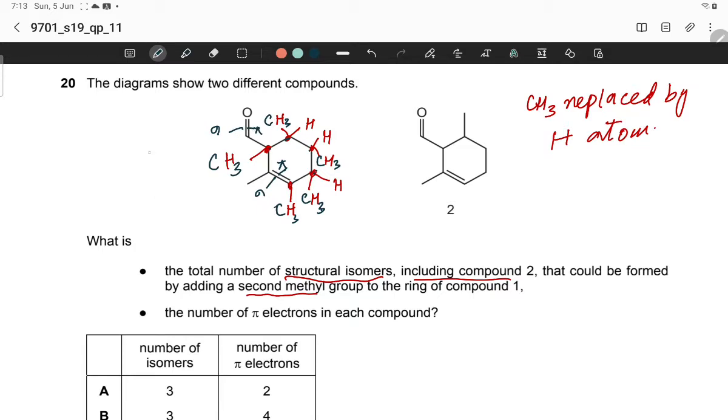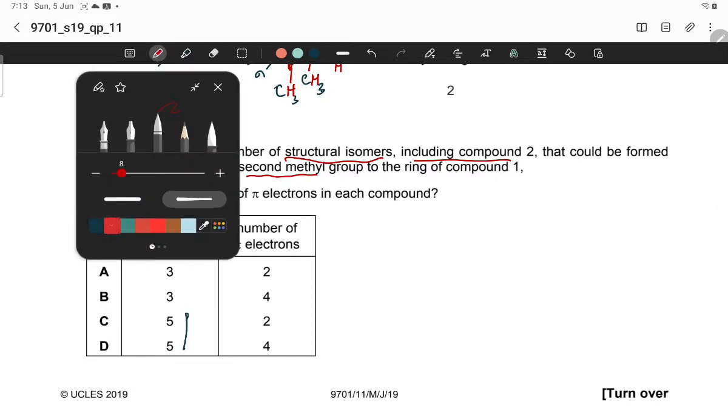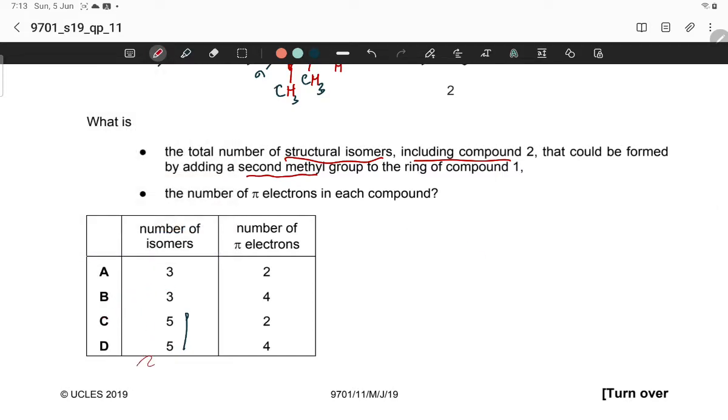So if 2 pi bonds are there, the total 4 pi electrons are there in this structure. So the option is D, the 5 number of isomers and 4 pi electrons.